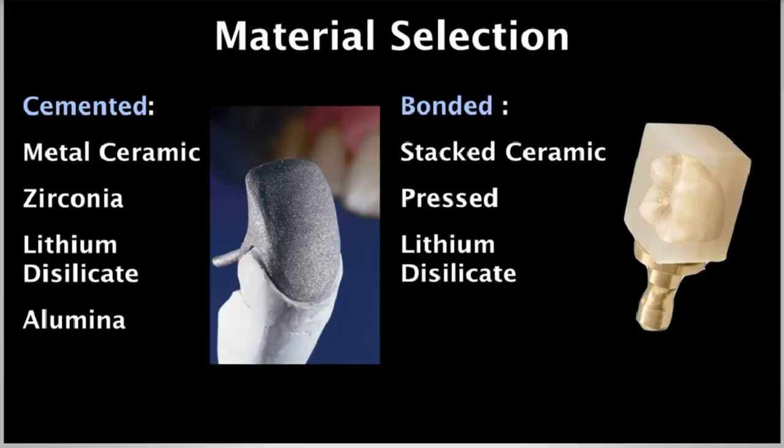If you've got partial coverage restorations where you've got lack of retention form that's mechanical, or you're doing lithium disilicate in thinner layers, you're doing a veneer, you're now going to bond that. And then, of course, things like alumina, Cercon fall in the cemented category, although not many folks continuing to do those materials.